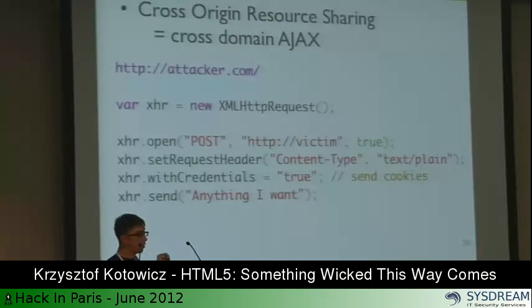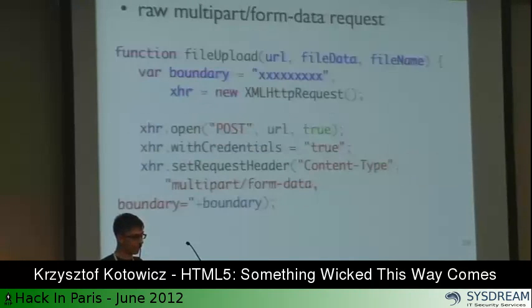And what is important, within the POST body, I can send anything I want. This doesn't have the limits of the usual form submit method of submitting a form quietly. What I'm actually doing is using cross-origin resource sharing to construct a multipart form data request. This is the most popular MIME type for handling file uploads on the internet.